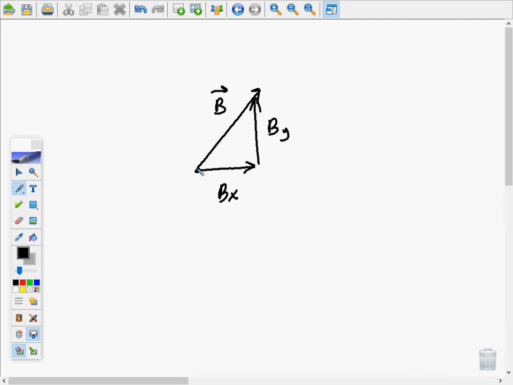Well, vector negative B would have a component of negative by and negative bx. So the trick is, if you have to subtract vectors, just add the opposite vector. Add the negative of the vector that you're subtracting.